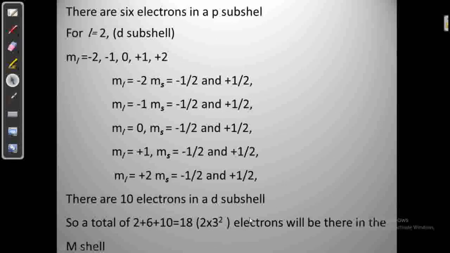So these are the capacities of the shells and subshells in an atom. In a similar way, you can calculate for n equal to 4, n equal to 5, etc. You can obtain how the electrons are distributed in different subshells of a shell, as well as the total number of electrons in a shell.